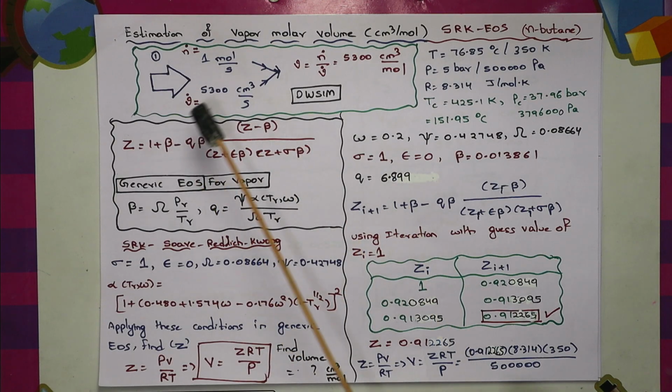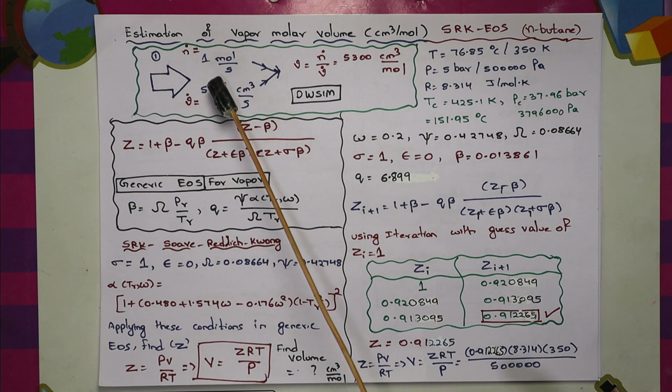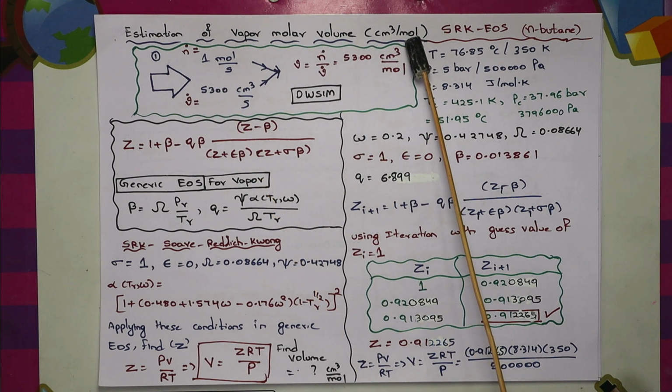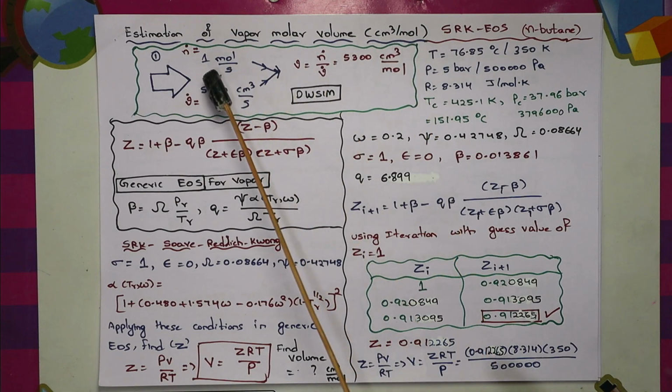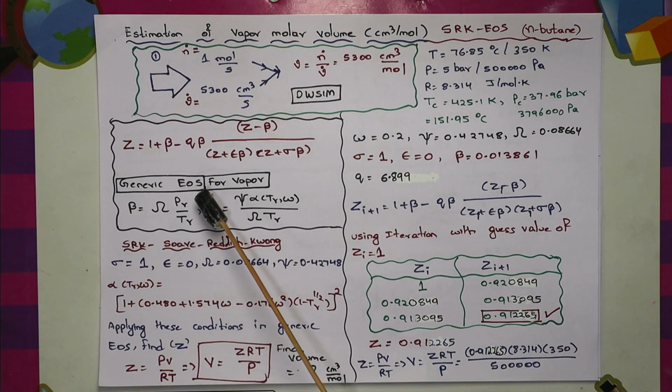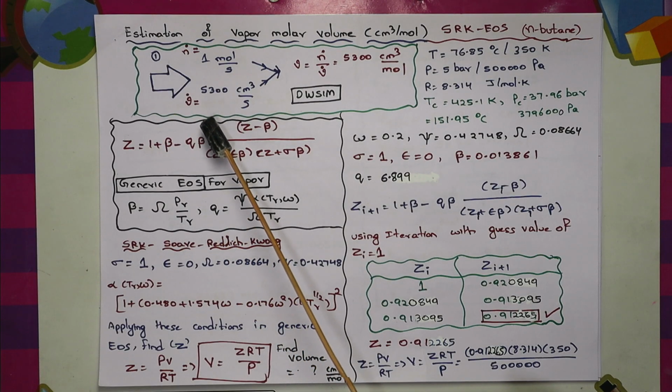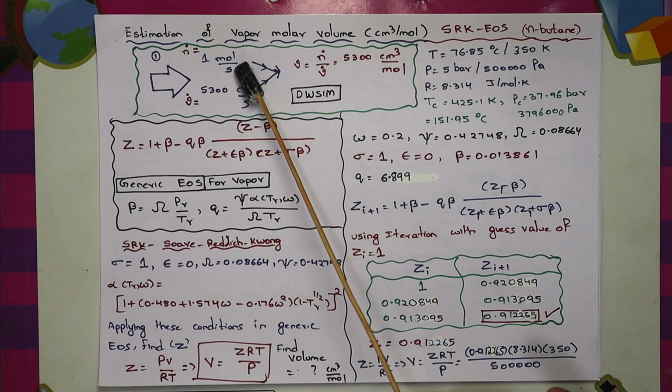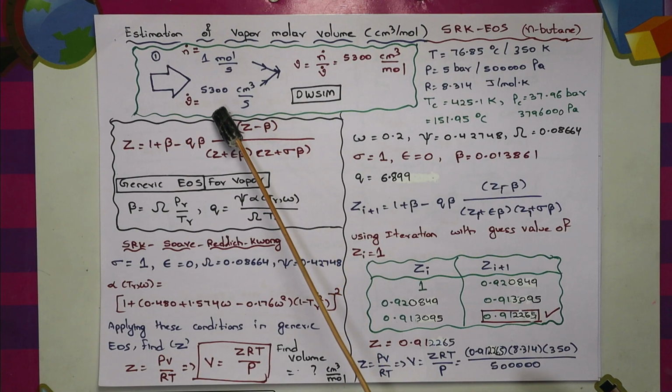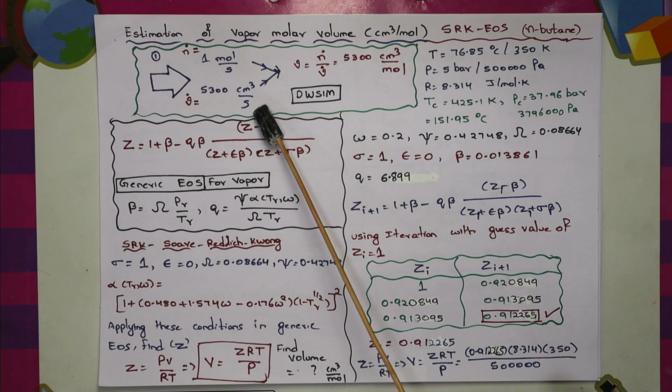For that, in terms of DWSIM, since all calculations are on a per mole basis, the molar flow rate we are going to mention is 1 mole per second. Accordingly, with 1 mole per second, the volumetric flow rate comes out to be 5300 cubic centimeters per second.